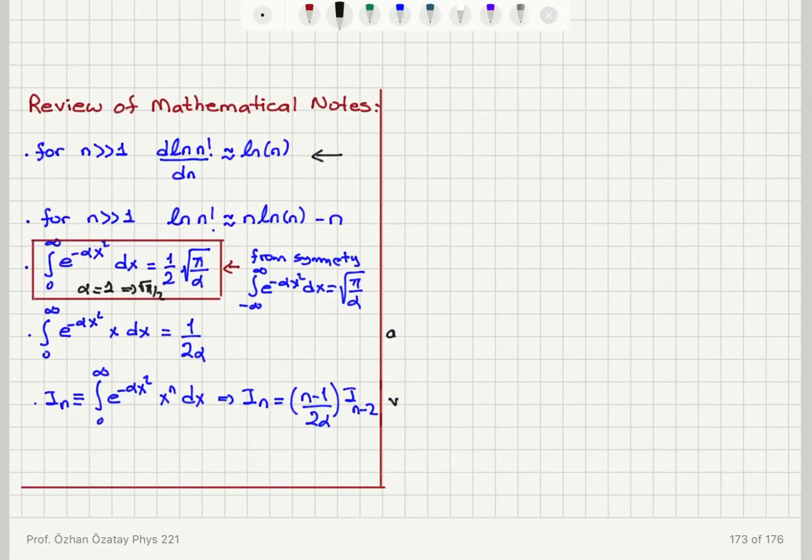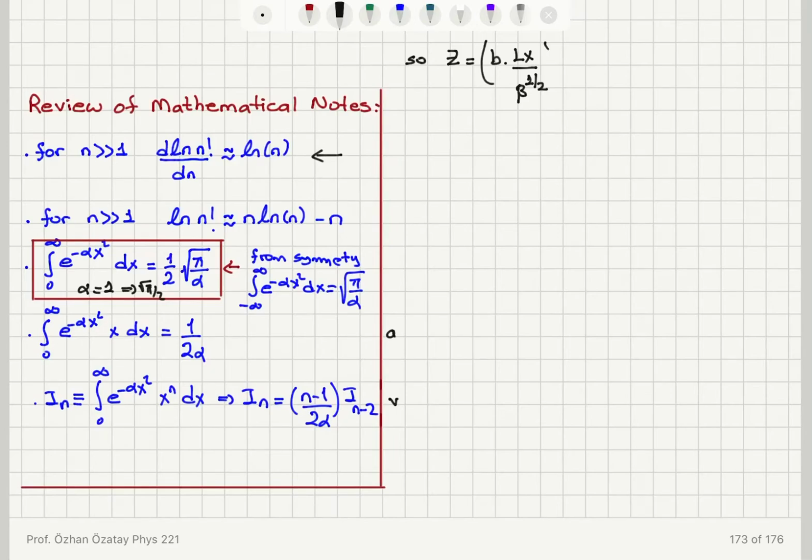Now you can see that this is going to be the case for the others as well. So basically I'm going to find out that Zx, the x partition function, is b times Lx divided by beta to the power 1/2.